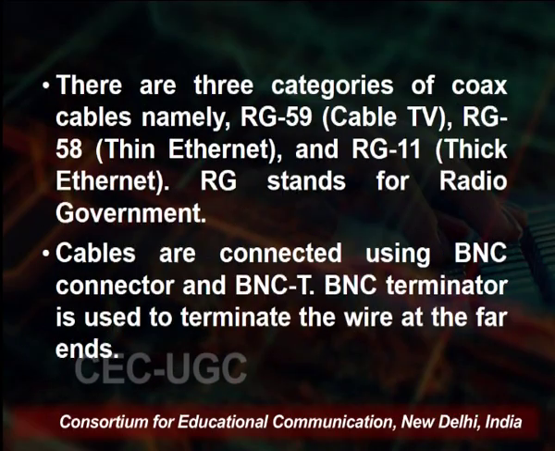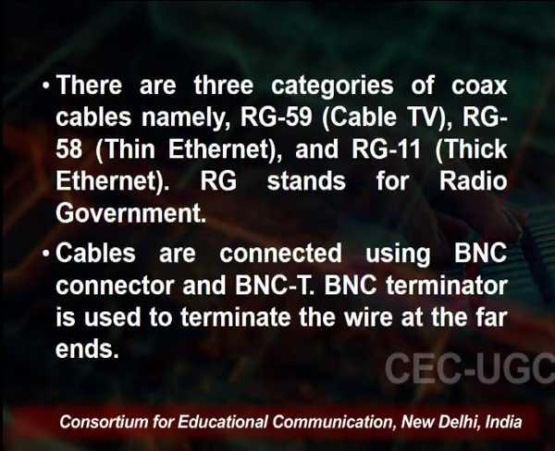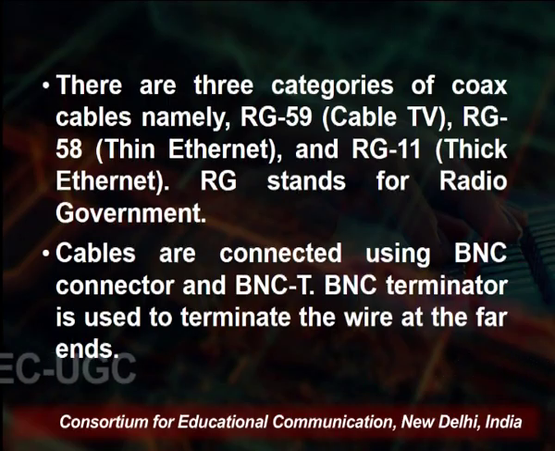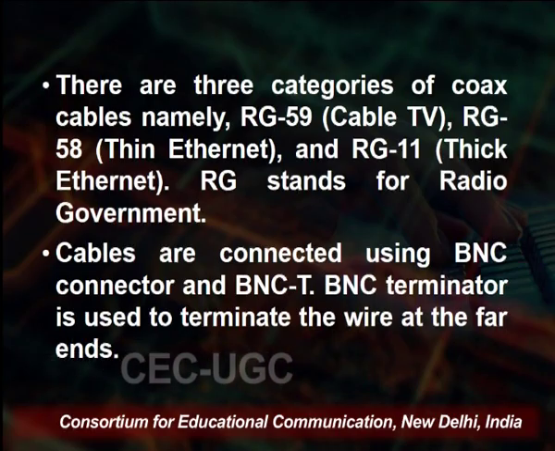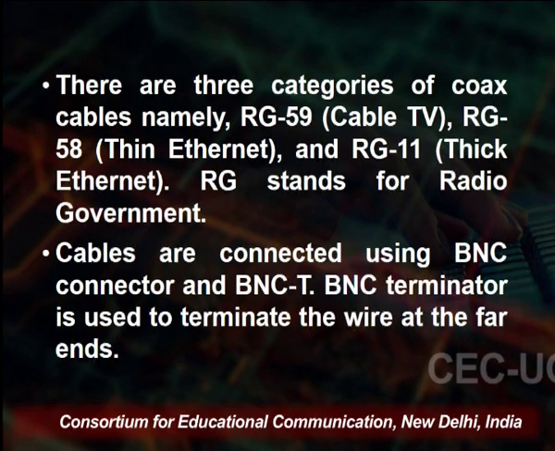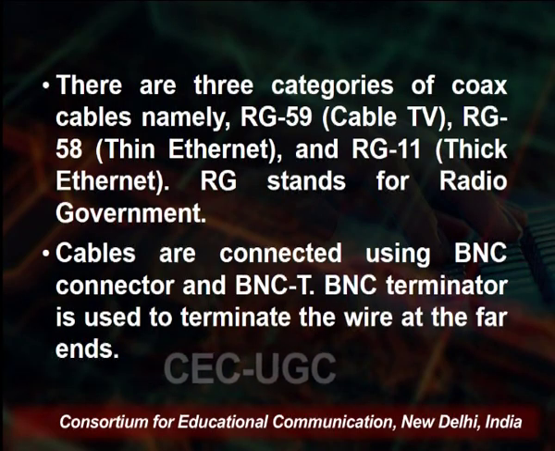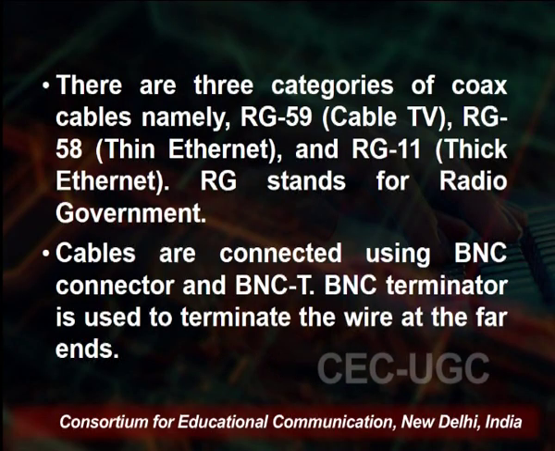Now, as I have told you, there are two categories of twisted pair cables, UTP and STP. Going with coaxial cables, we have three categories: RG59, RG58, and the third one, RG11.